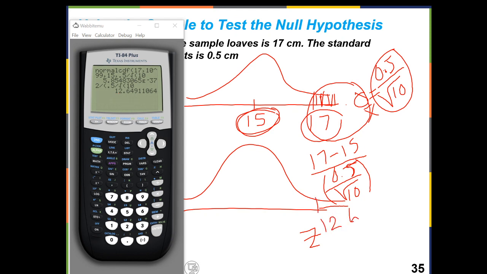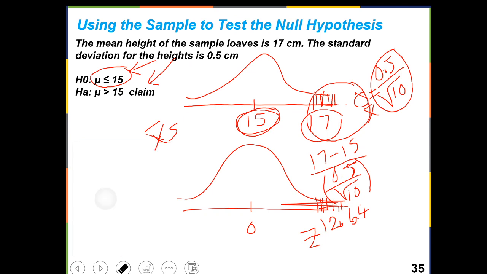And we don't even have to use the standard normal distribution to see how much area is here. It's almost zero. Why is it almost zero? Because we know that most of a standard normal distribution is between maybe -4 and 4.